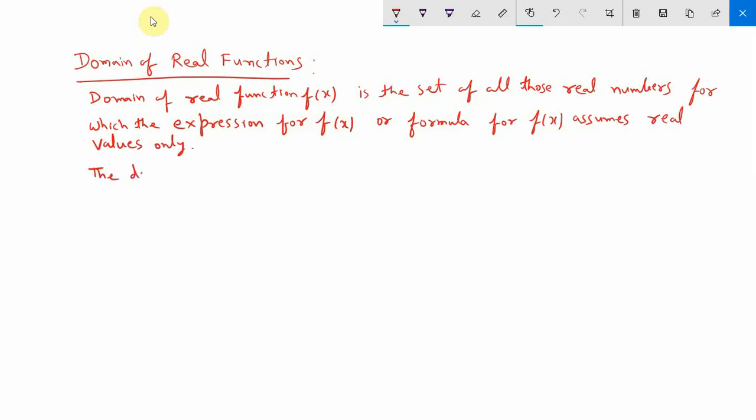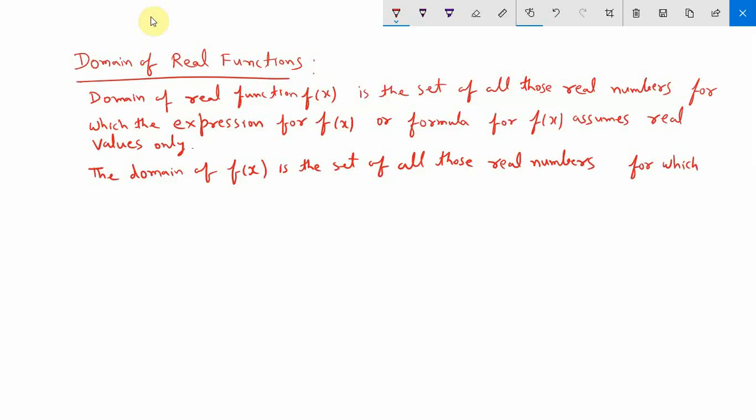The domain of f(x) is the set of all those real numbers for which f(x) is meaningful. Okay.